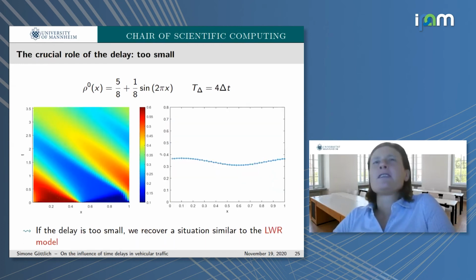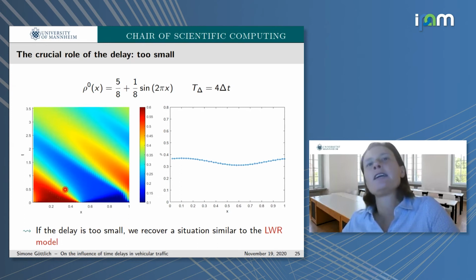If you go into the details, then you will see that the crucial role is the choice of the delay. If the delay is too small, we are very close to the original LWR model, meaning that we really recover a situation similar to the LWR model.